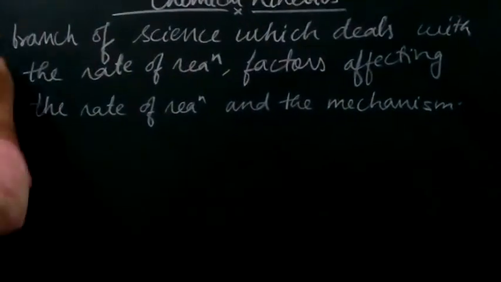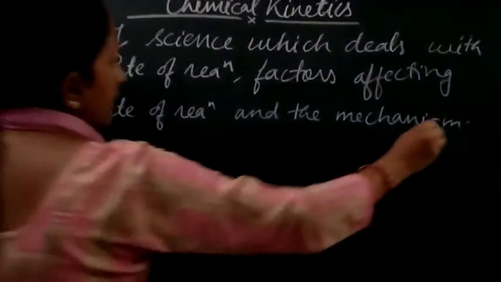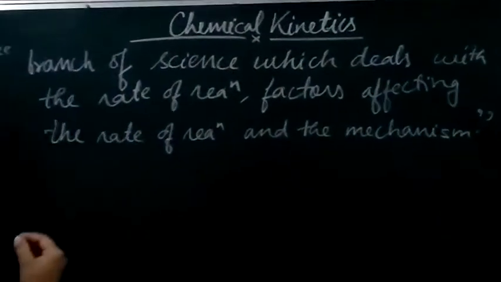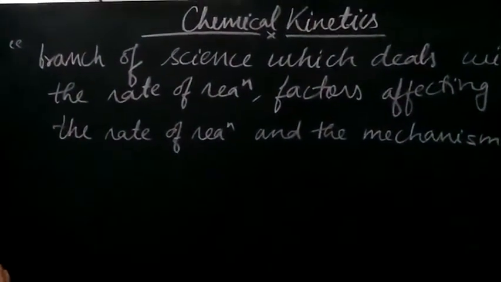Right, so this is chemical kinetics. It is a branch of science which deals with the study of the rate of the reaction, factors affecting the rate of reaction, and the mechanism.